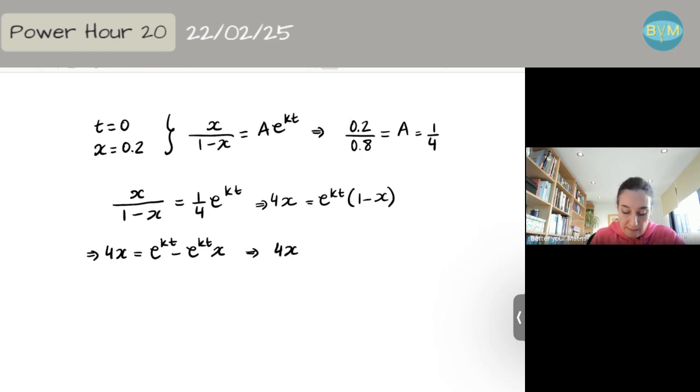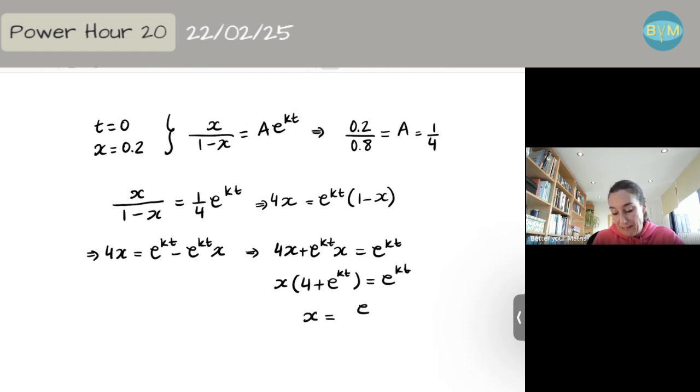Factorize the x: 4 plus e to the kt. And then we divide, so x is going to be e to the kt divided by 4 plus e to the kt.